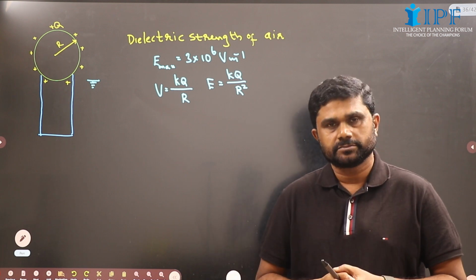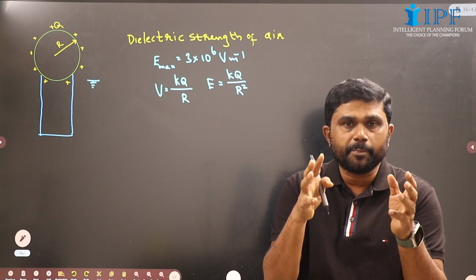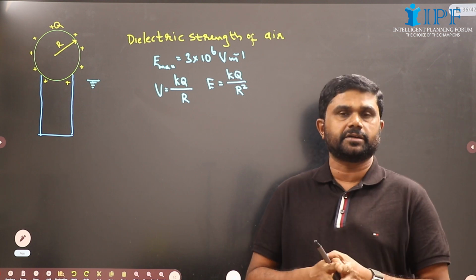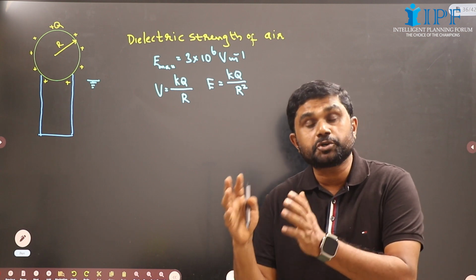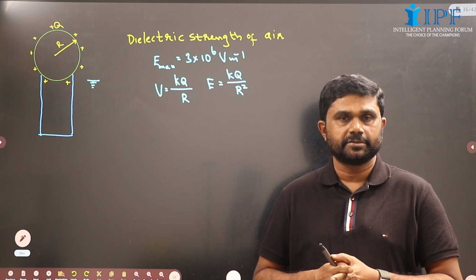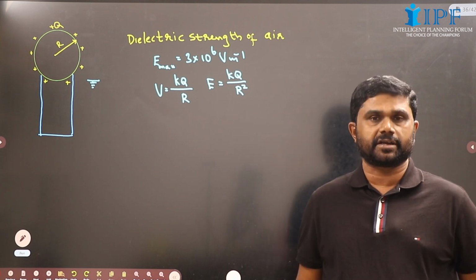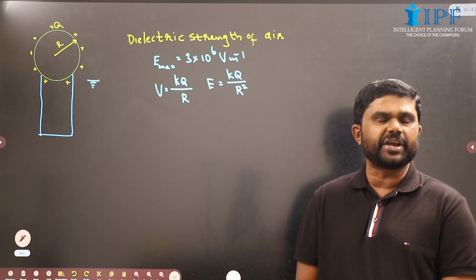There is a maximum intensity of electric field that can be applied to a dielectric without losing its dielectric property, and it is called the dielectric strength of the dielectric, or dielectric strength of the medium.